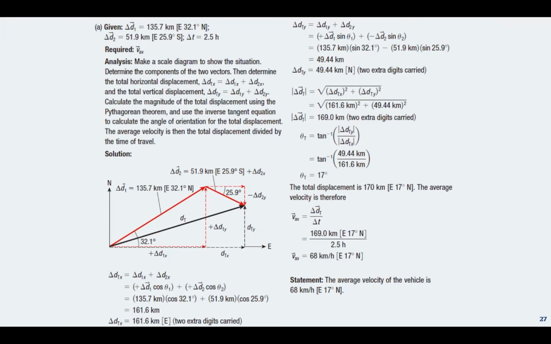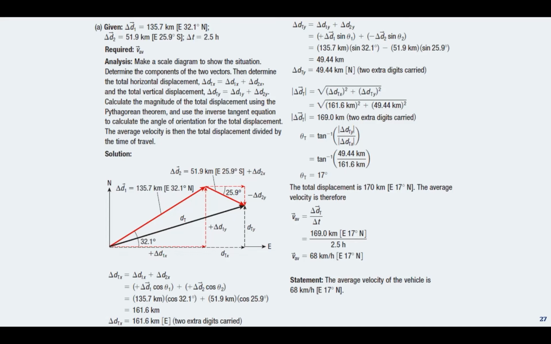Then we know delta d1x is delta d1 times cosine theta 1, and delta d2x is delta d2 times cosine theta 2. And putting all the numbers in, we have delta dtx is 161.6. The unit is kilometers. And the direction of delta dtx is, of course, a positive direction, which means the east.